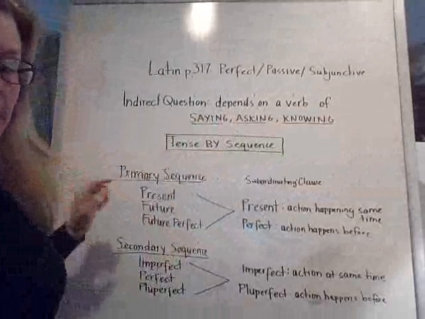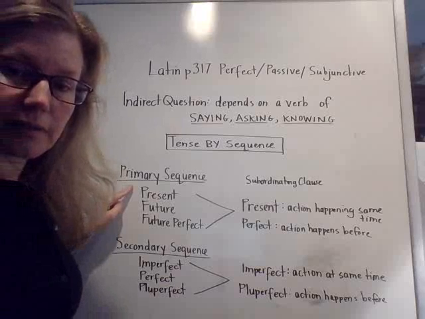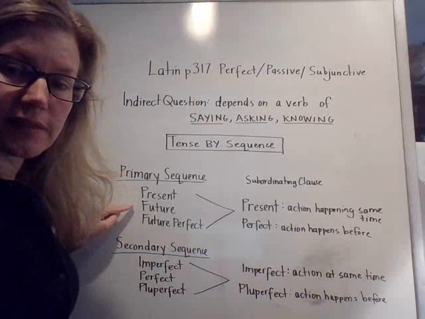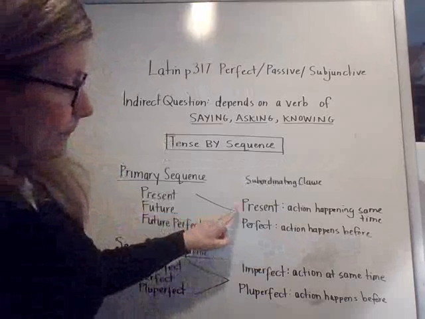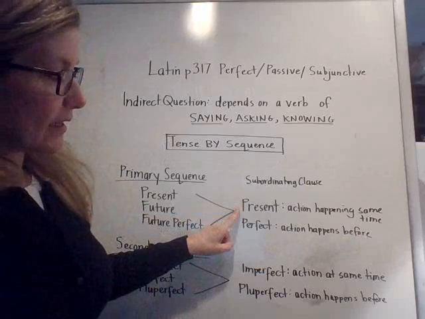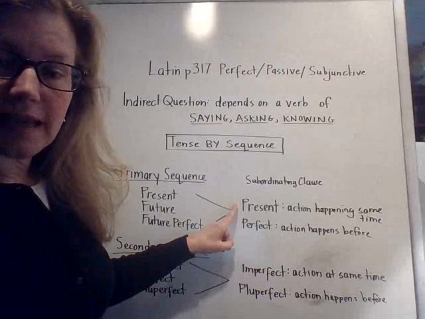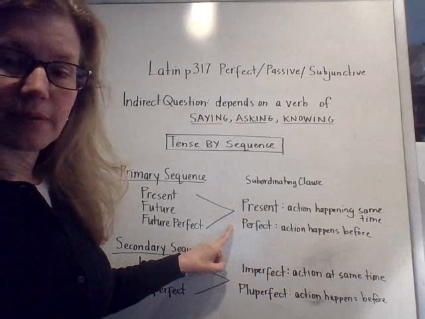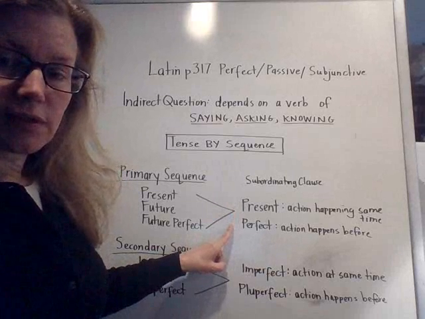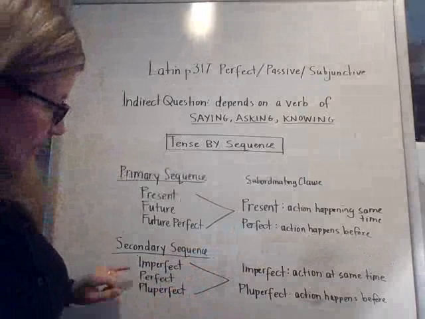What that means is if the verb in the primary or main clause is in either the present, the future, or the future perfect, then the verb in the subordinate clause is going to be either in the present if the action is happening at the same time, or in the perfect if the action is happening before.